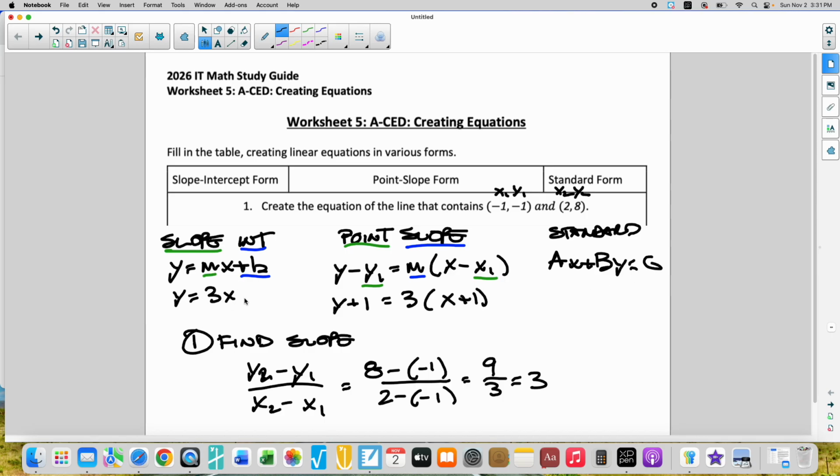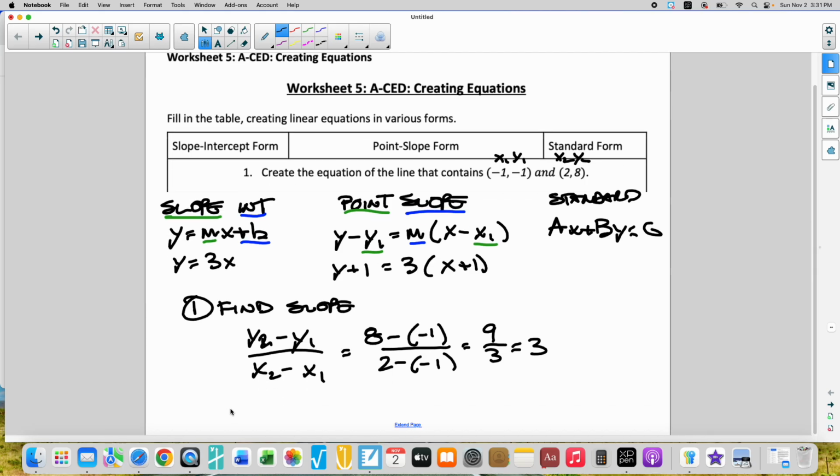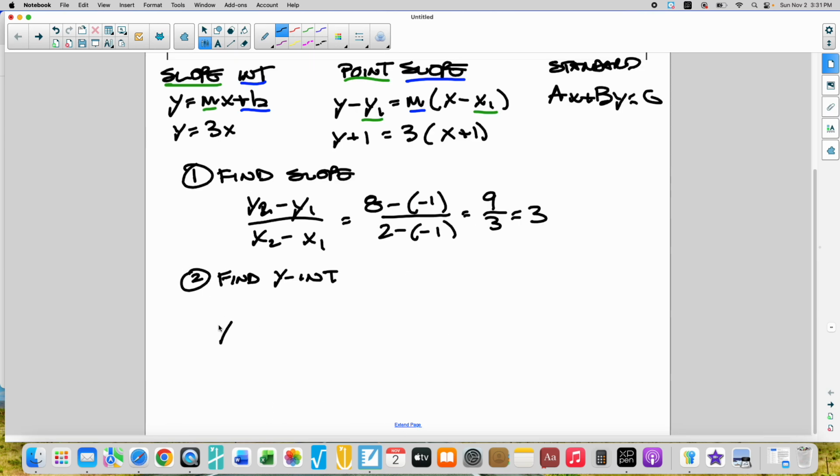So we found the slope. Now part 2 is find the y-intercept. By using this equation, y equals 3x plus b, we're going to pick a point. We'll pick that point negative 1, negative 1.